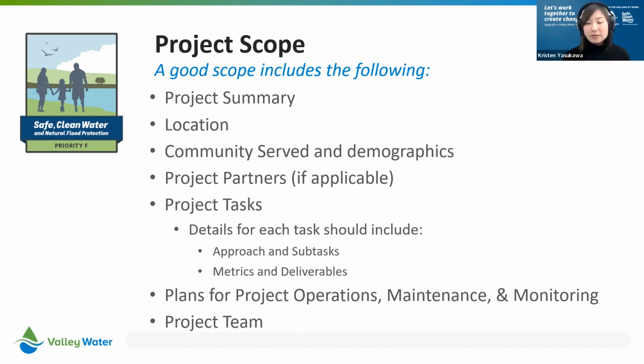So for the water conservation, pollution prevention, volunteer cleanups and education, habitat restoration, and access to trails and open space. They each have their own criteria table with a point system. As our evaluation panelists are looking through the scope, they're going to be comparing it with that criteria table. So you do want to make sure that your scope includes all of that information that has actual point values to it.